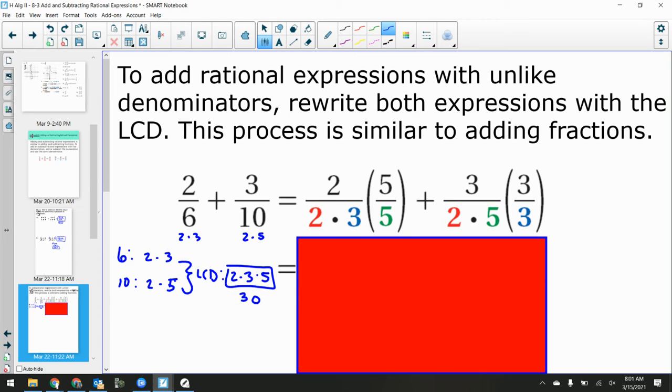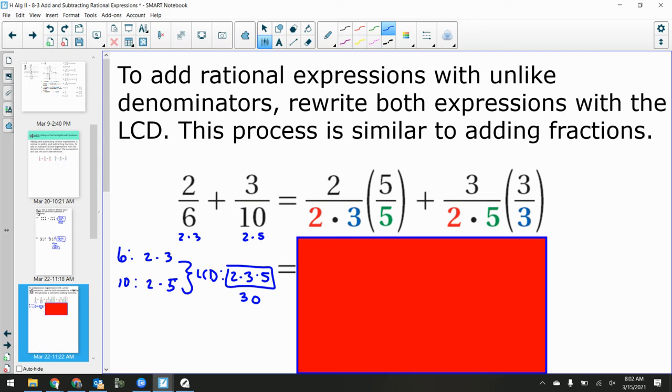So all I have to do is multiply both numerator and denominator by my missing factor. My missing factor out of the LCD is 5, so I multiply numerator and denominator both by 5. My missing factor out of 10 is 3, so I multiply numerator and denominator by 3.